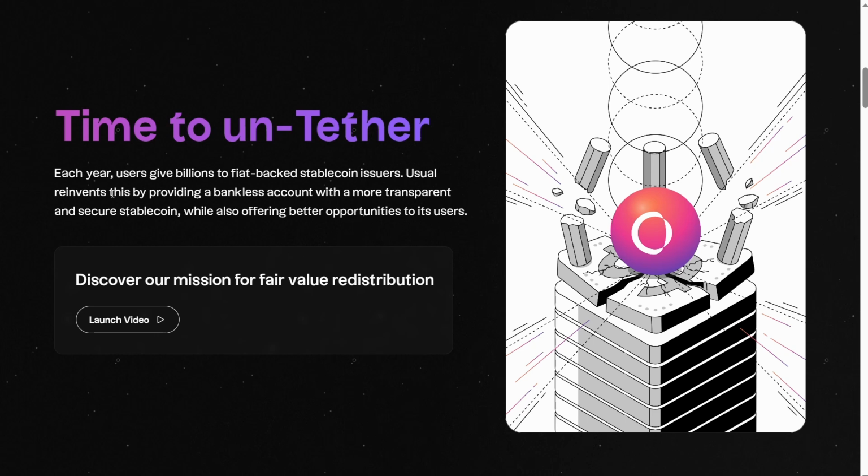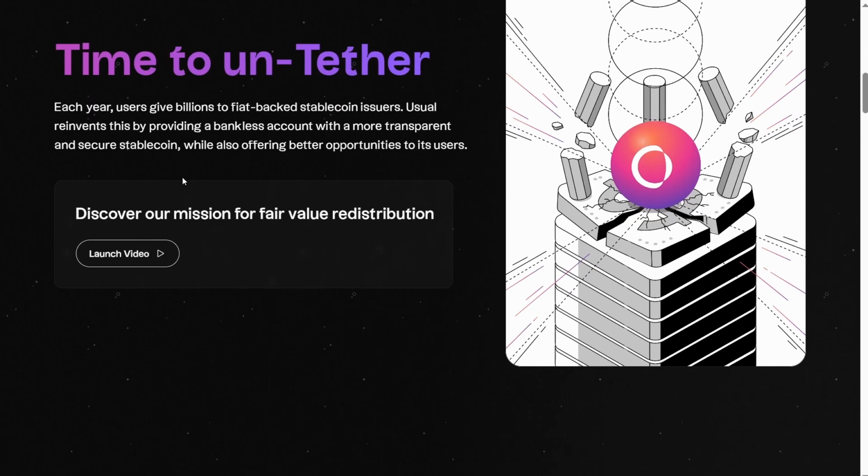Usual reinvents this by providing a bankless account with a more transparent and secure stablecoin, while also offering better opportunities to its users. Although terms like more transparent and secure stablecoin can sound like marketing jargon, it's necessary to present their idea to investors and users.